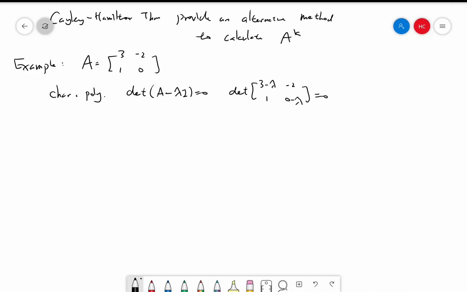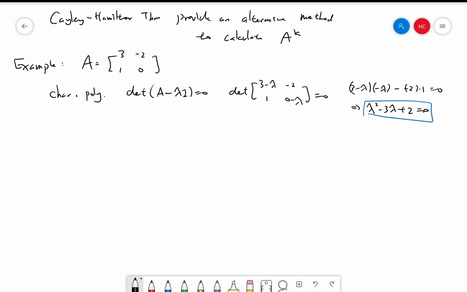This gives you 3 minus lambda times negative lambda minus negative 2 times 1 equal to 0, which gives lambda squared minus 3 lambda plus 2 equal to 0. Notice that we're going to stop here. We're not going to solve for eigenvectors. So this is the characteristic polynomial.